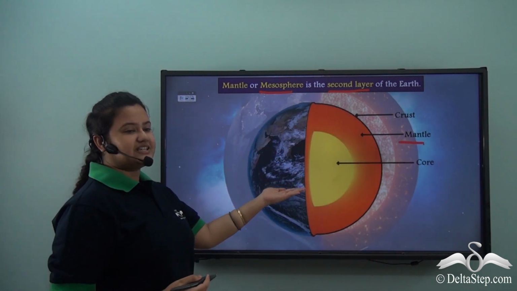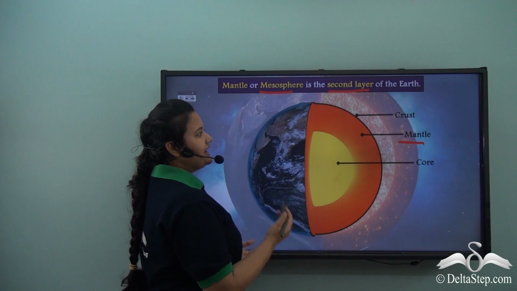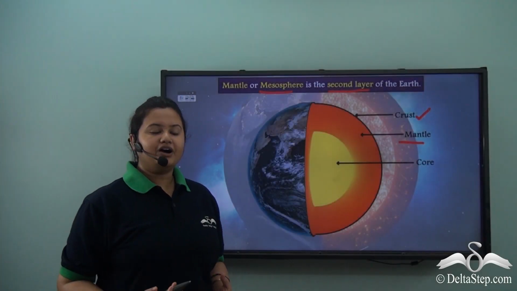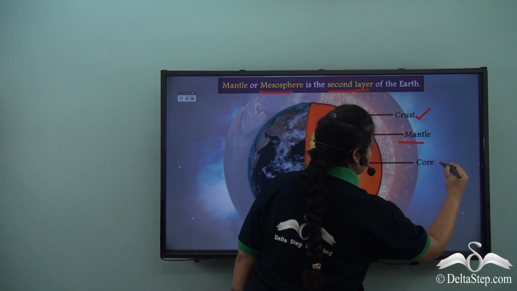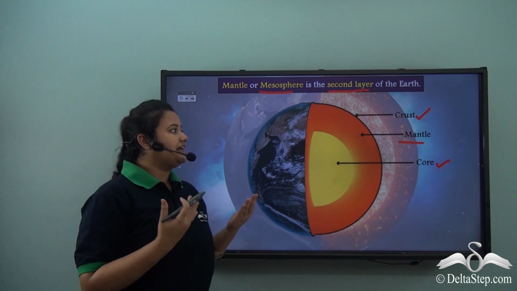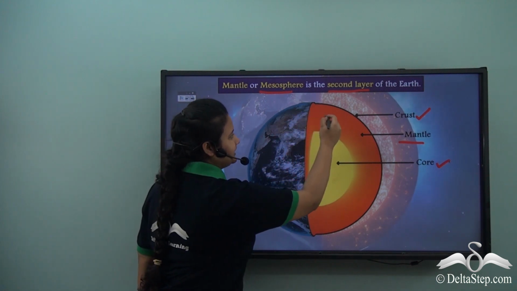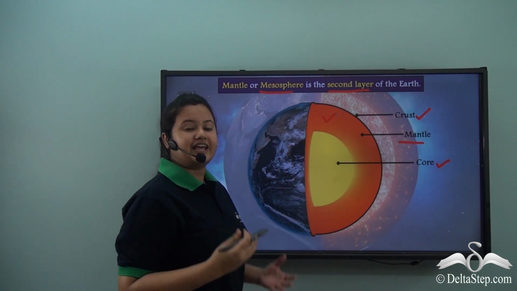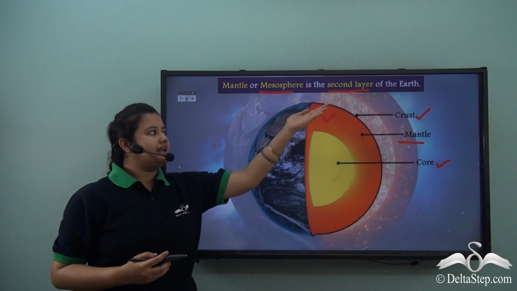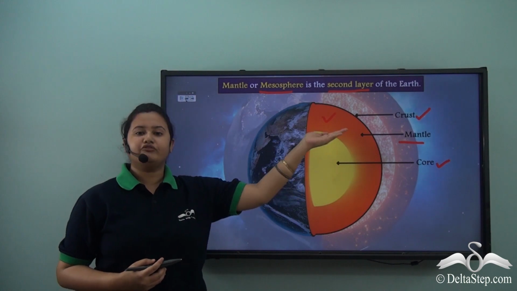Now, as you can see from the picture, mantle lies below the thin outer crust and above the superheated core. So, from the picture it is very clear that the middle part of the earth is mantle. You can see that mantle lies below crust and above core.